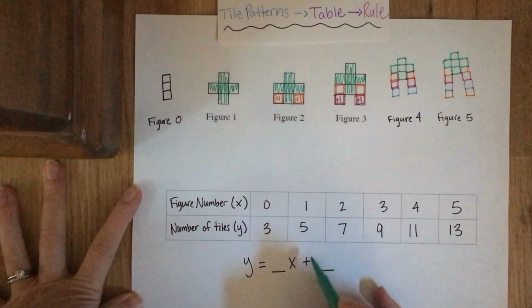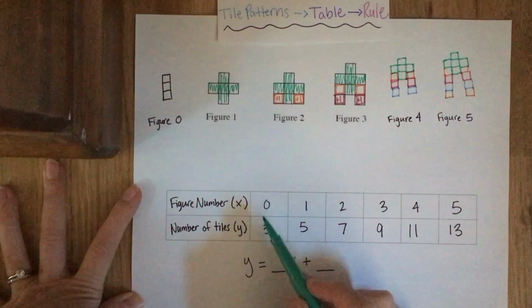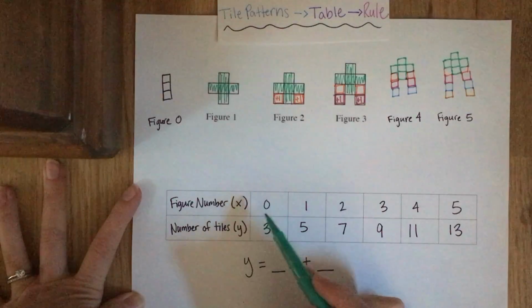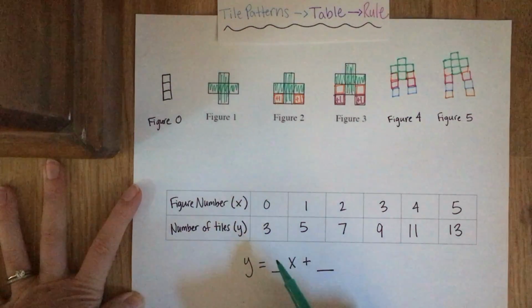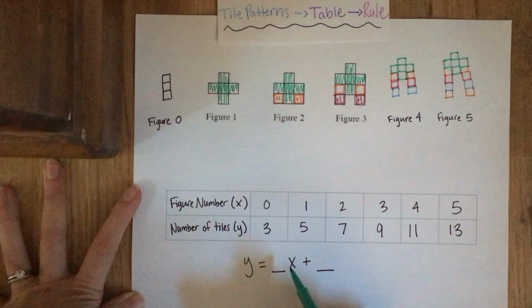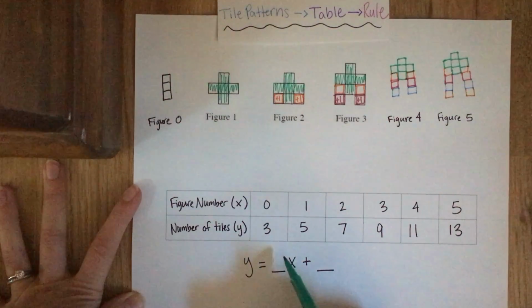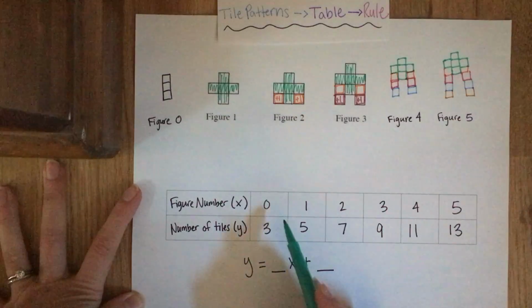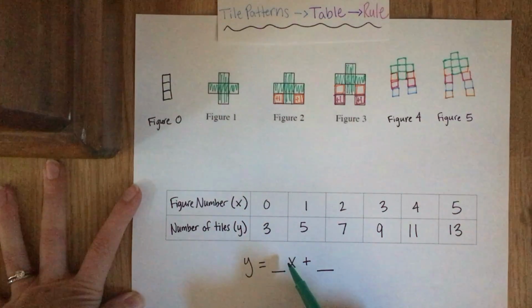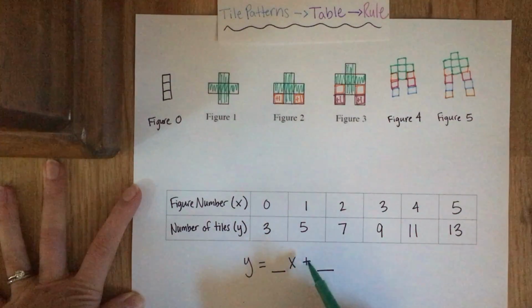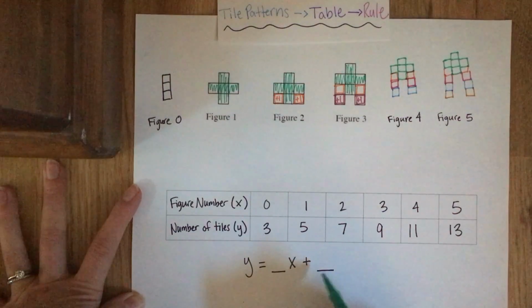This plus comes from our 0 figure. When x is 0, no matter what we multiply by 0, we get 0. So no matter what this number is, if x is 0, if we're at figure 0, the number of tiles is based on whatever we are adding in our equation.